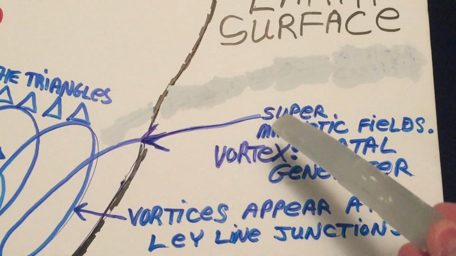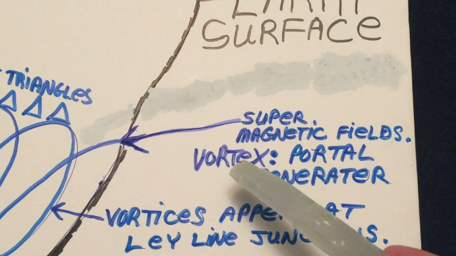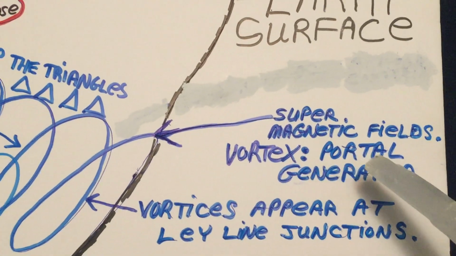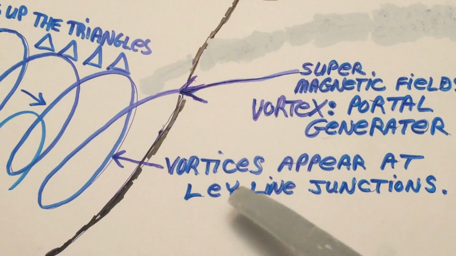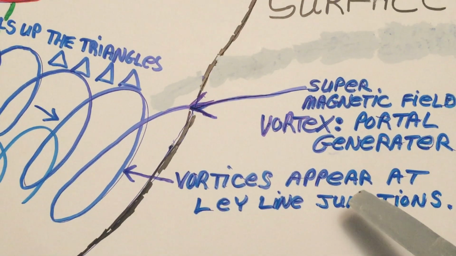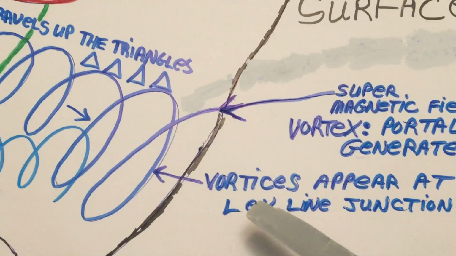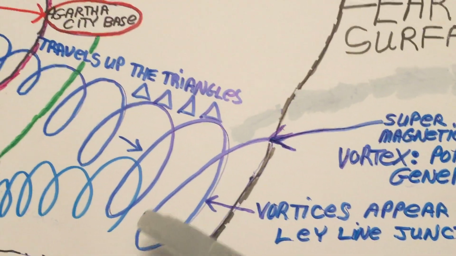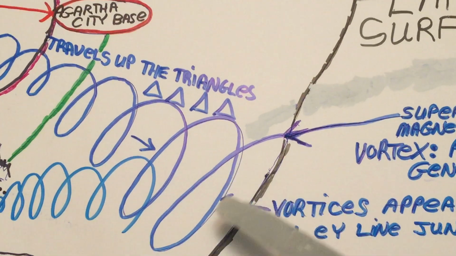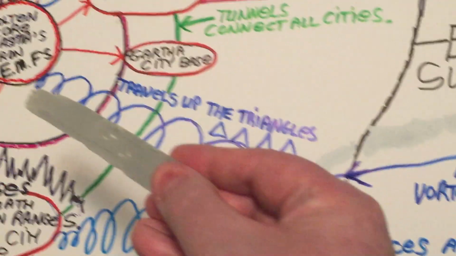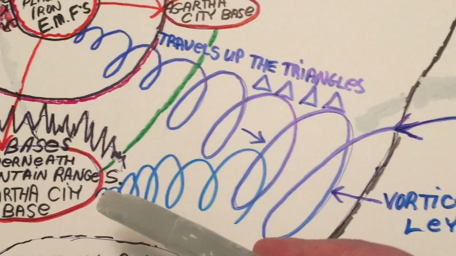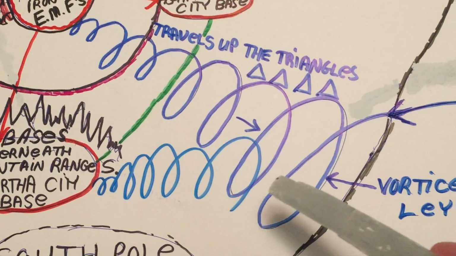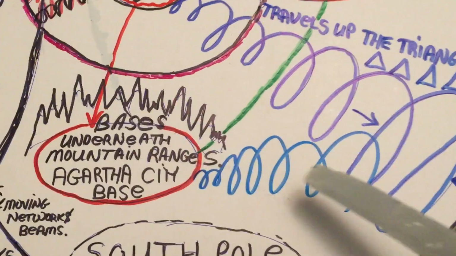They are super magnetic fields. They are vortexes, portal generators, vortices. They appear at ley line junctions. So at the junctions of the ley lines and various other places, triangles of high strangeness, these energies can emanate out of the bases and create all kinds of strange phenomena.